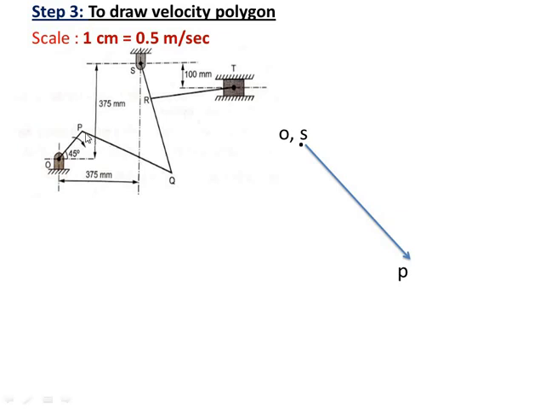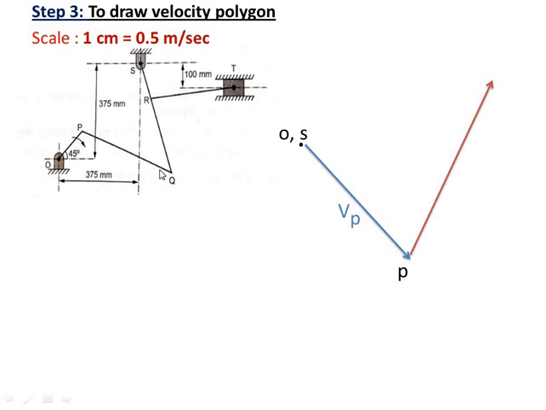Now we come to P. Now there is a link PQ. So we have to draw the velocity vector of PQ. The velocity vector of PQ is perpendicular to the link. Again you have to draw a vector perpendicular to the link. So the velocity vector of PQ will start from P and it will be perpendicular to PQ. So this is a vector which is perpendicular to PQ.